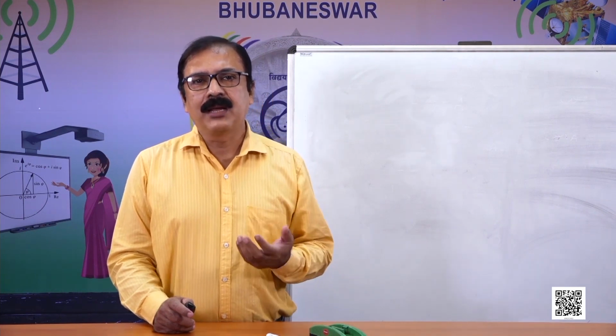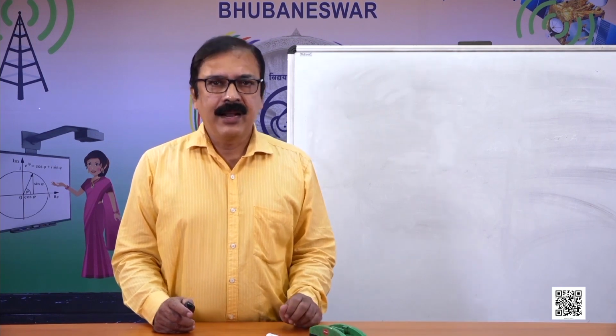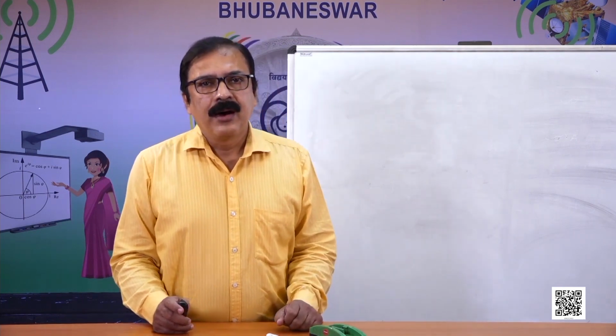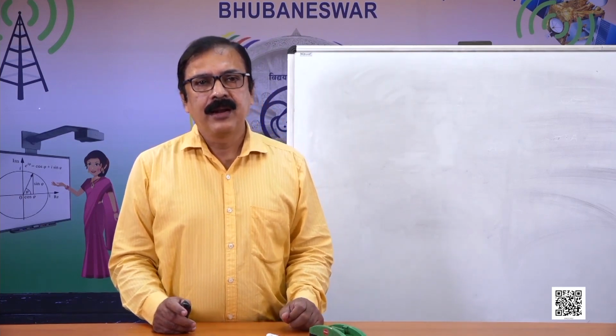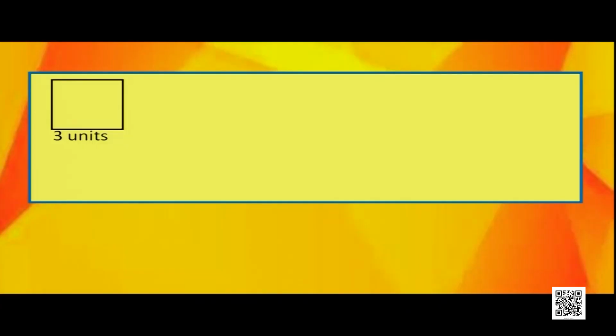What is an algebraic expression? Let's consider an example, the perimeter of a square. Here we have taken a square whose length of each side is 3 units. Then what is its perimeter?